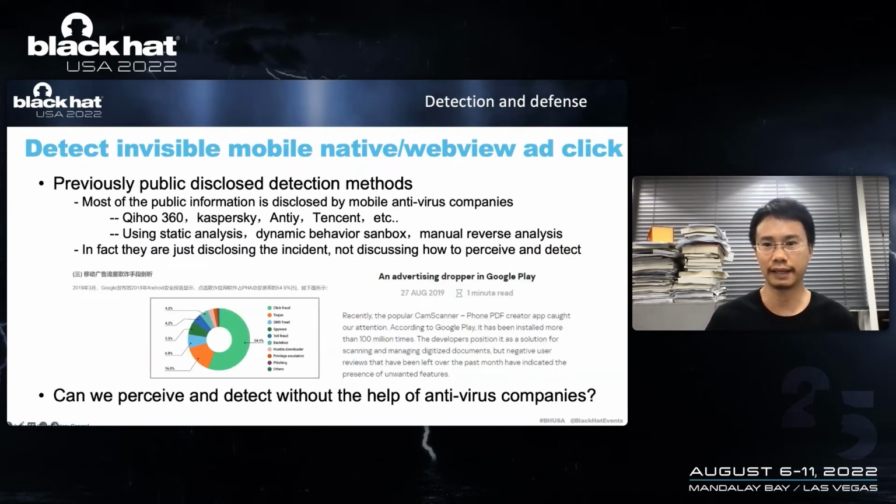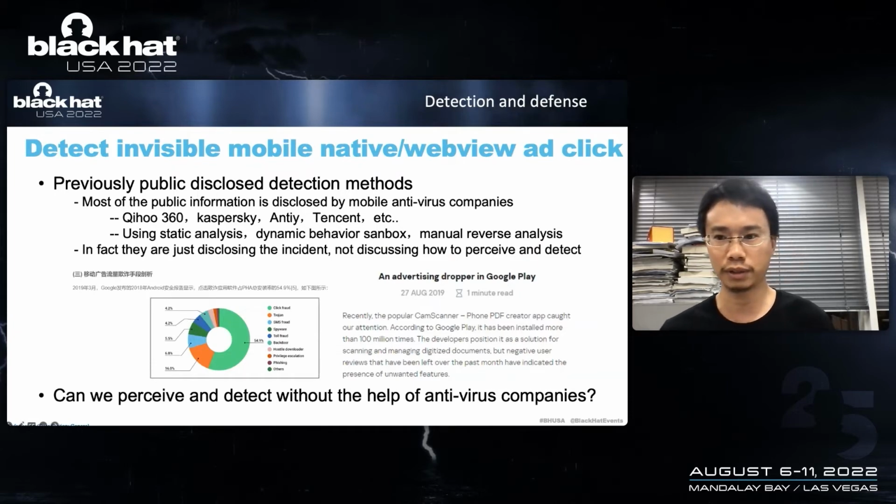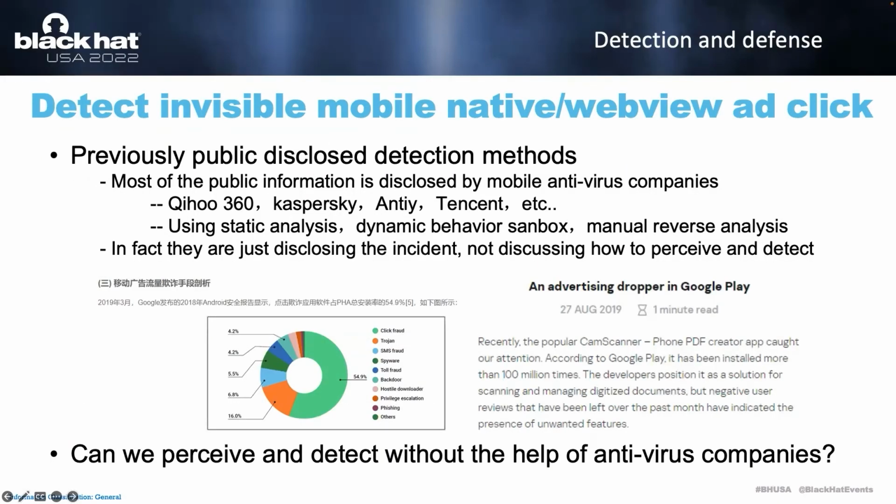Let's talk about the next detection target, invisible mobile web advertisement clicks. We learned this through reports disclosed by mobile antivirus companies such as Qihoo and Kaspersky a few years ago. From the reports and communication with an antivirus engineer, we learned that the analysis method uses static analysis and a dynamic behavior sandbox.